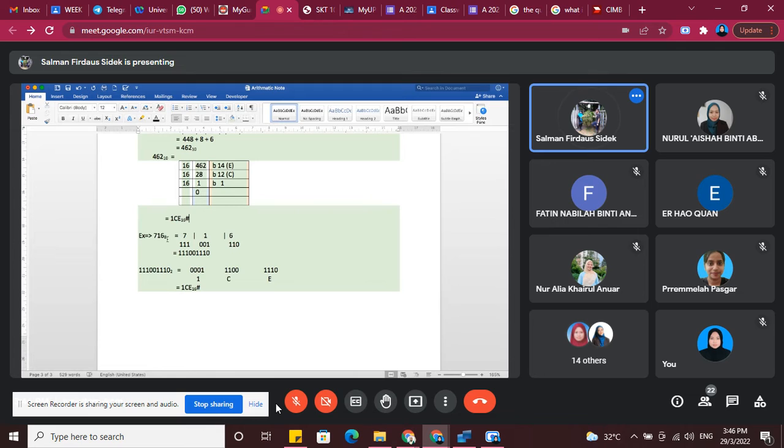How do you calculate? How do you do arithmetic? Same goes to hexa. The reason why we learn about hexa is to make you think out of the box. What would happen if in your life you have more than 10 digits? So how to calculate? Itu je. Itu sahaja sebenarnya.